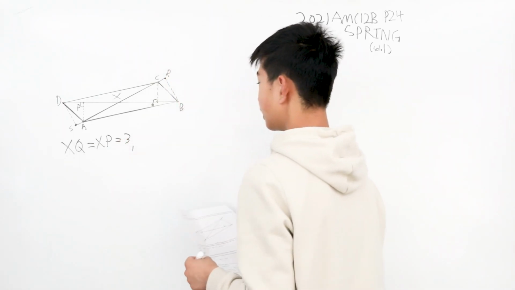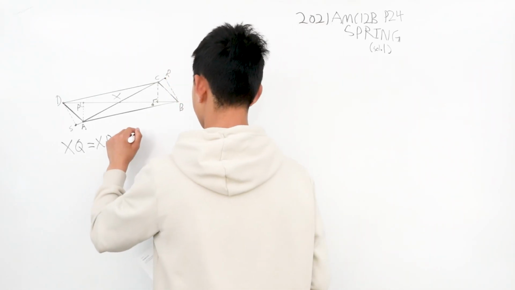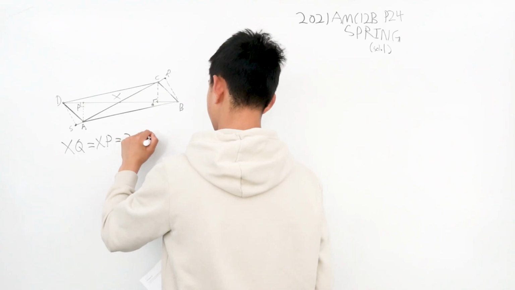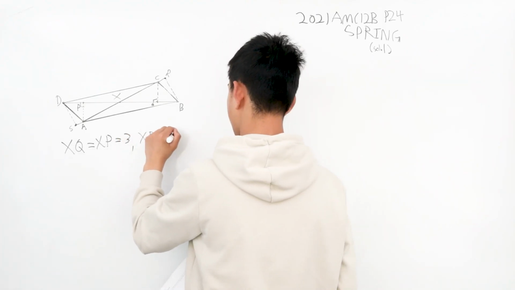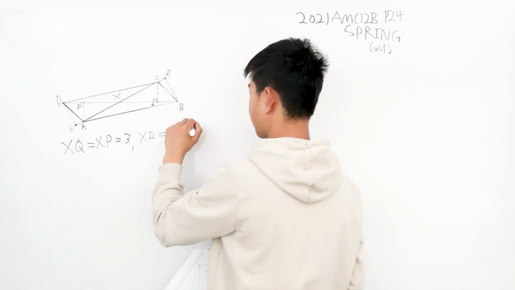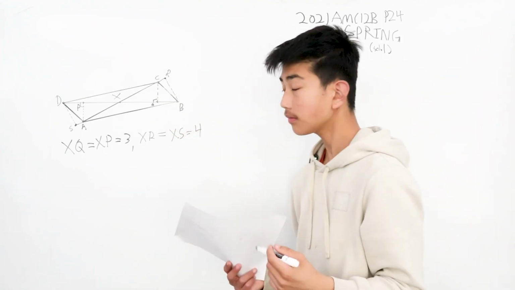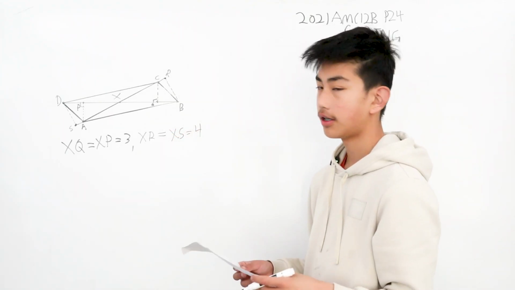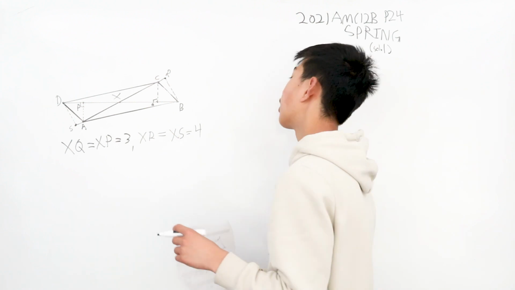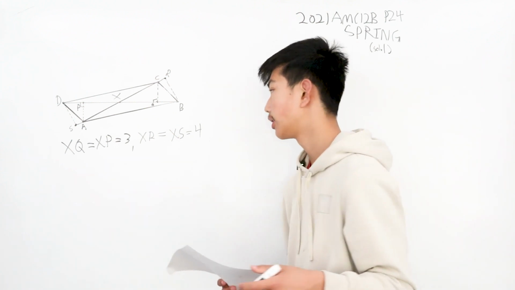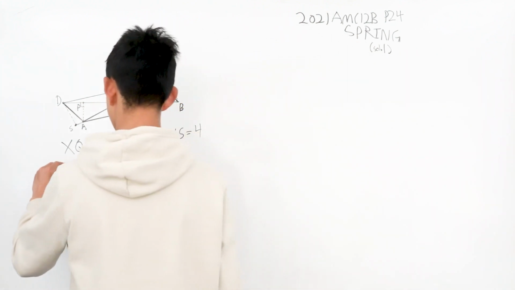Similarly, it also gives you that segment XR is equal to segment XS, which is equal to 4 units.